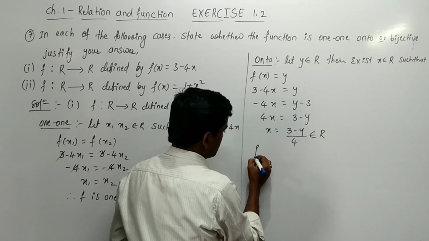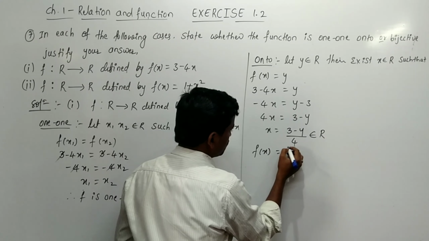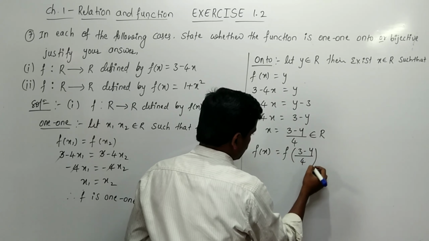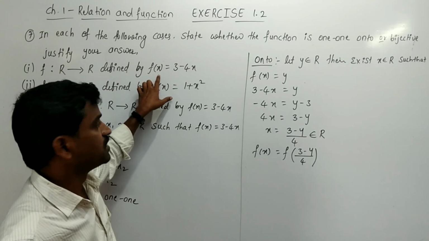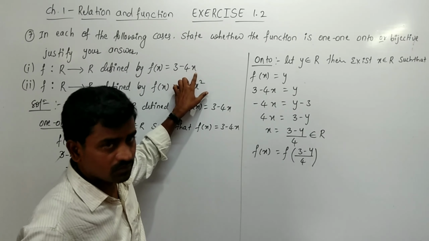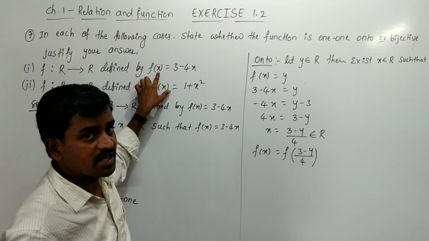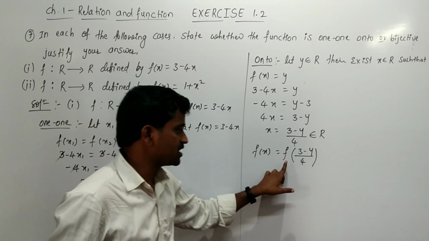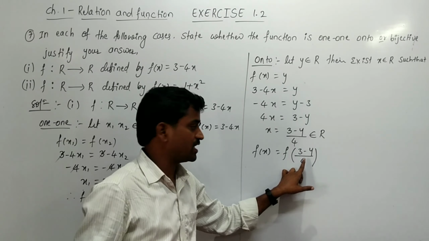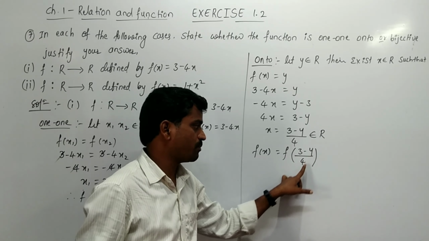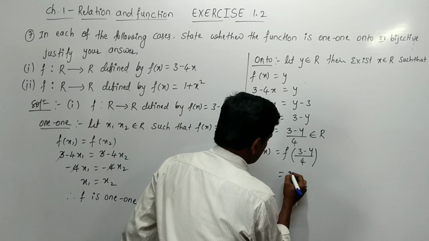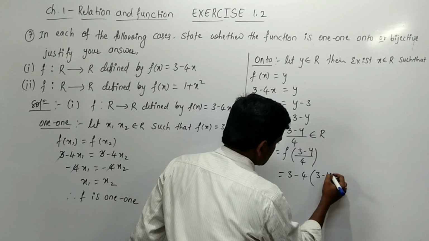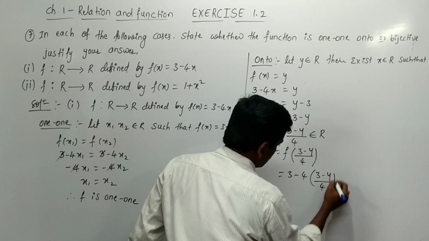Taking f on both sides, f of x is equal to f of (3 minus y) divided by 4. The function is f of x is equal to 3 minus 4x. When x is replaced by z, you get 3 minus 4z. Here also, replace x by (3 minus y) by 4. You get 3 minus 4 times (3 minus y) divided by 4.